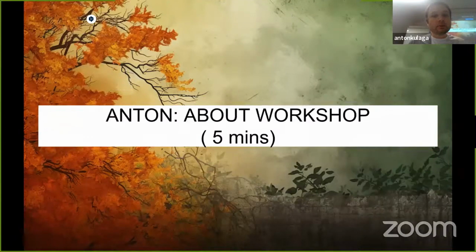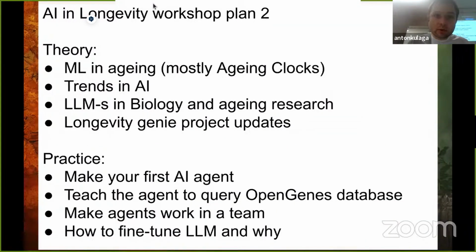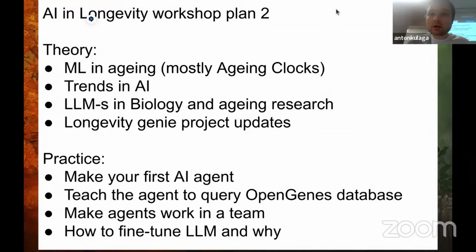And a few words about the workshop. What we will be doing today: in the beginning, I will give you some theory. I will review how machine learning is used in aging. Most of the current major use cases are actually aging clocks.